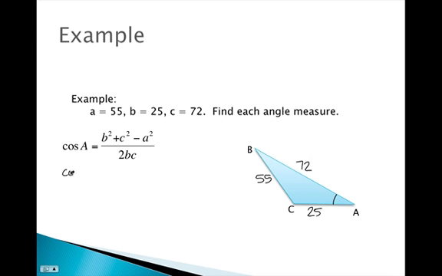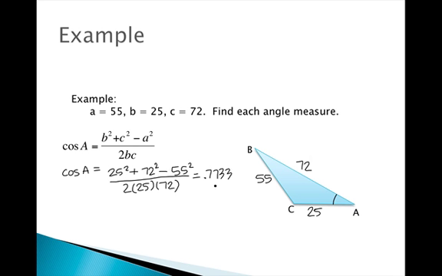So cosine A equals b squared, so that would be 25 squared, plus c squared, so 72 squared, minus a squared, so minus 55 squared, all over 2 times 25 times 72.